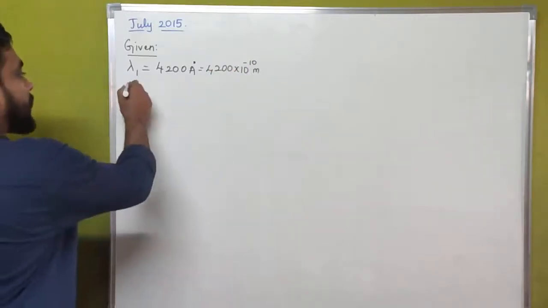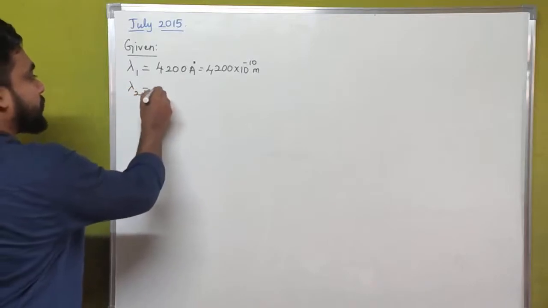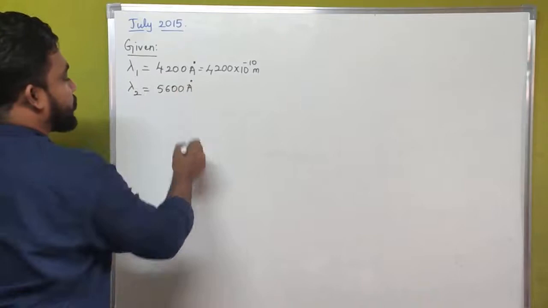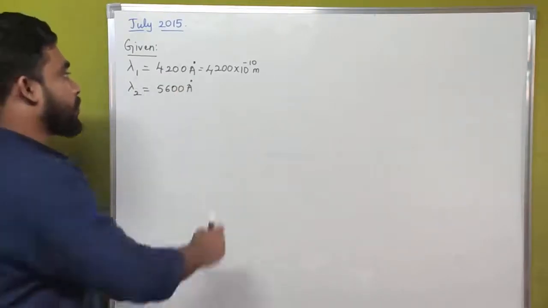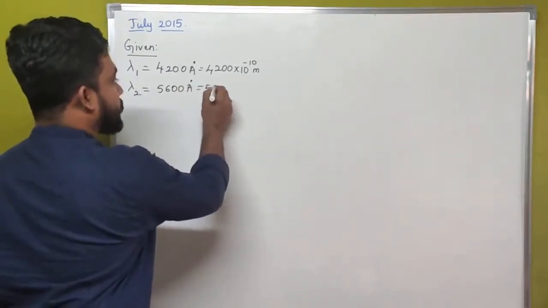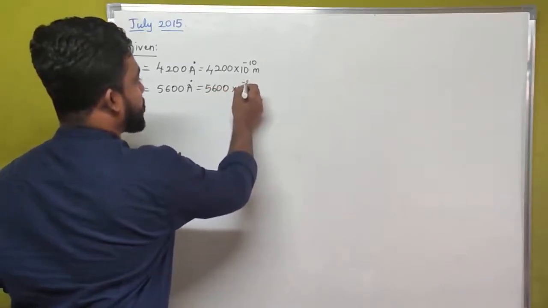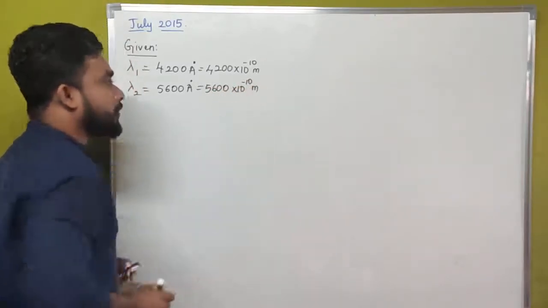And lambda 2 is equal to 5600 Angstrom, that is 5600 into 10 to the power of minus 10 meter.